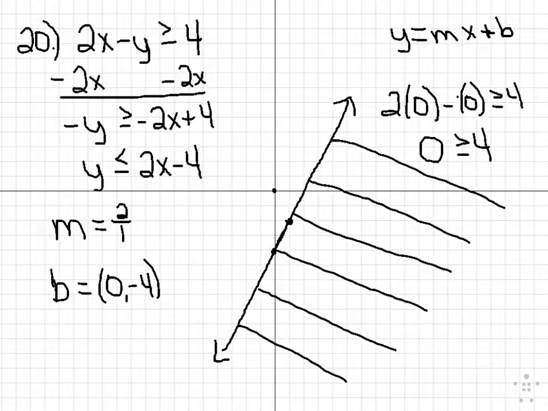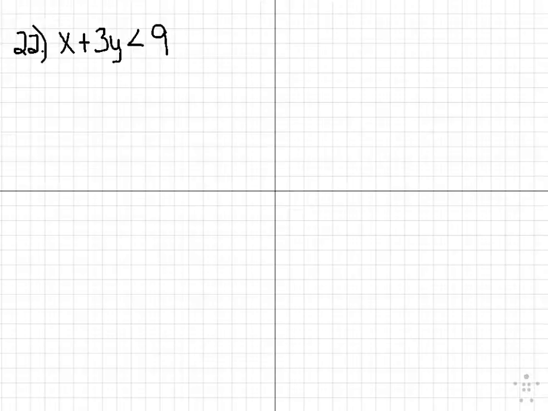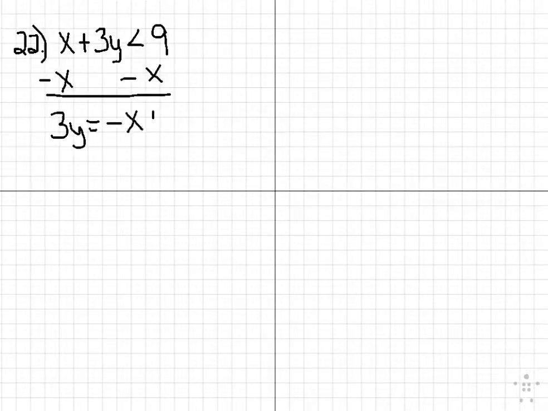When I move to question number 22, again I want to put it in slope-intercept form. So I want to solve this for y. So 3y is equal to negative x plus 9. Divide everything by 3.